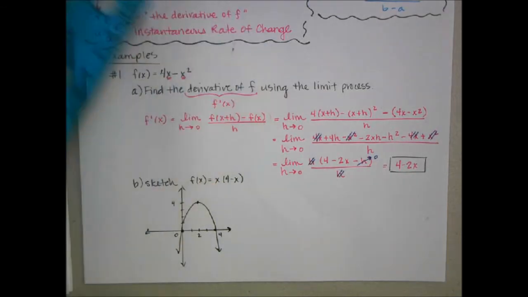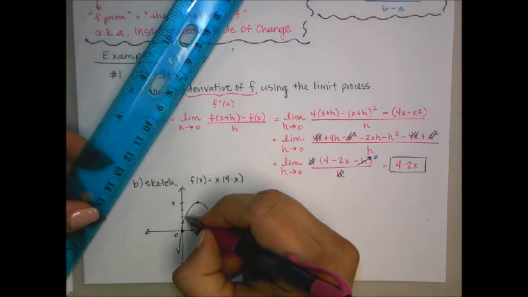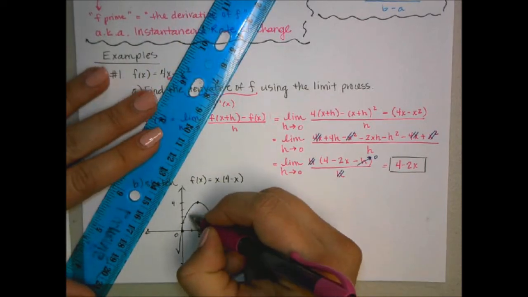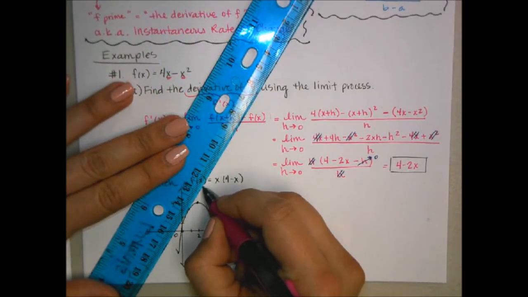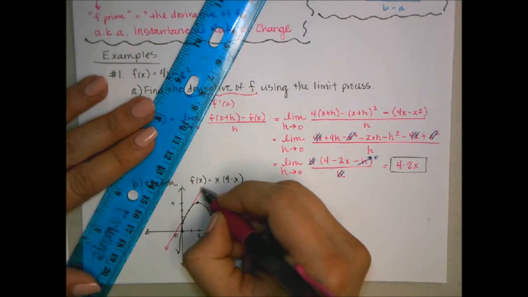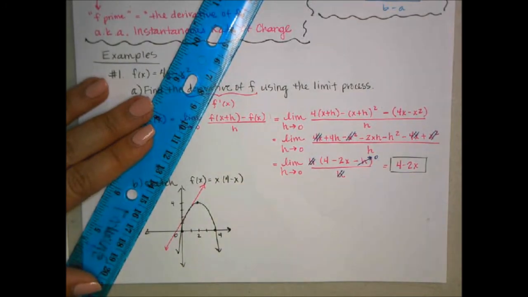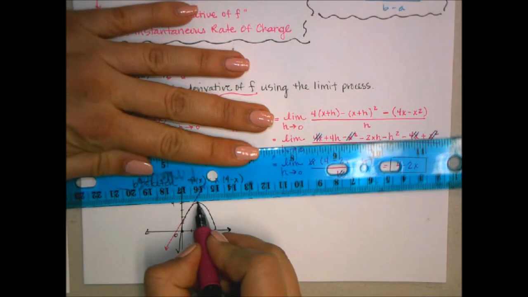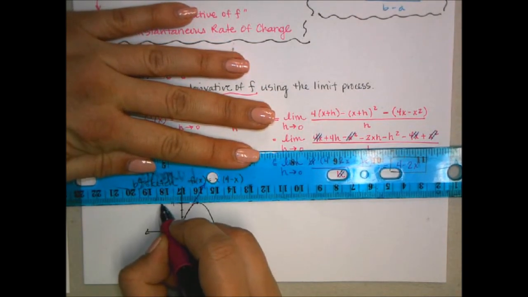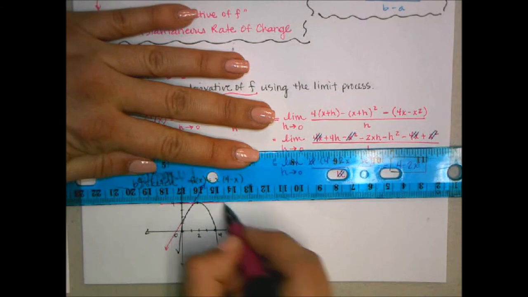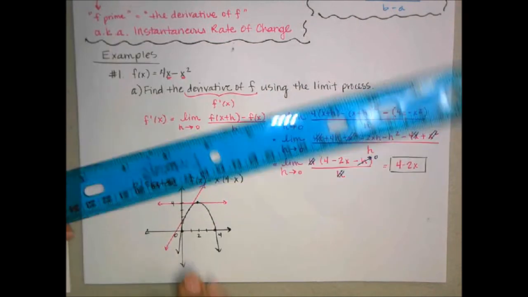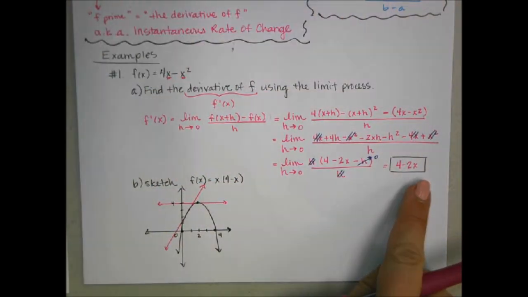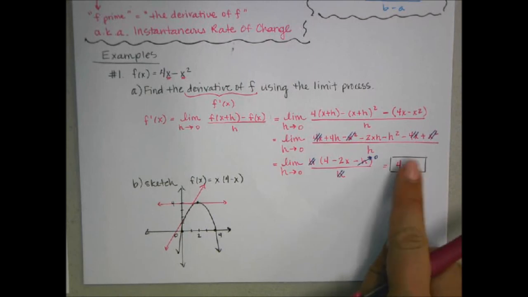So if I want the slope of the tangent line over here when, say, x is 1, I'll get 1 slope. If I want to know what the slope of the tangent line is when x is 2, I'll get a different slope. So it depends on where we are, which is why there's a variable here. It depends on what x value you want to plug in.